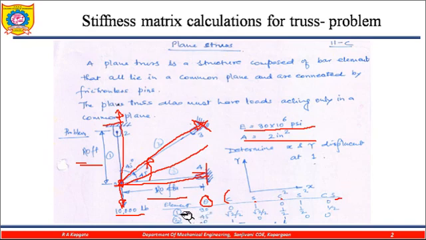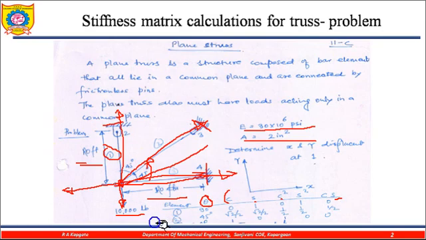If we look towards element 1, which is at 90 degrees to this axis, what we have written is theta equal to 90, cos of 90 is 0, sine is 1, cos square is 0, sine square is 1, and cos into sine is equal to 0.